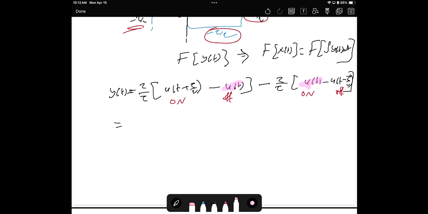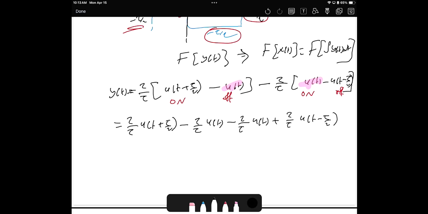After doing this multiplication, we can group these terms together.